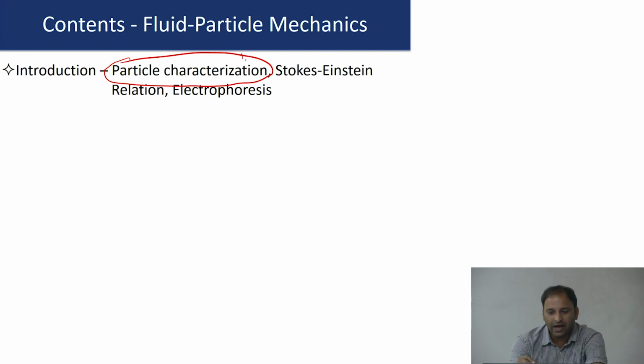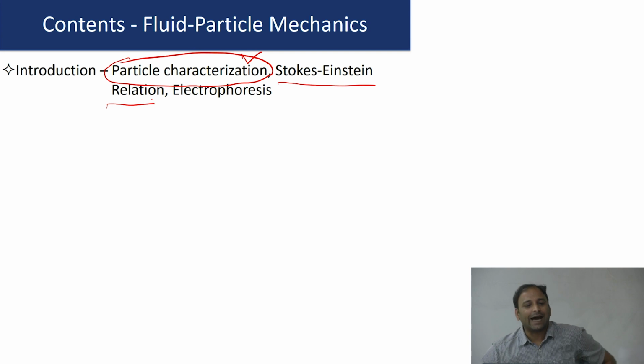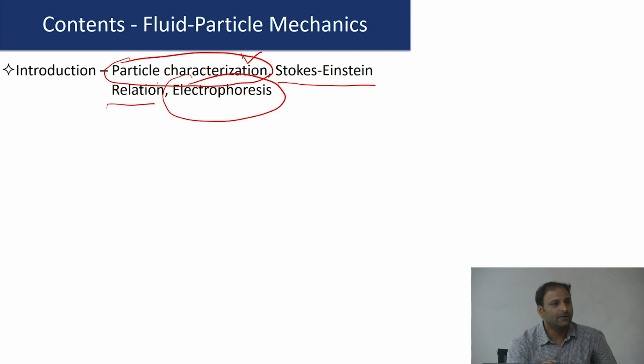We're going to talk a little bit about the Stokes-Einstein relationship, which basically comes from the Brownian motion aspects, okay. We'll talk a little more about it in the course. Some aspects of electrophoresis, just to give you an idea about the motion of particles in a fluid, okay. Those are going to be a few aspects.